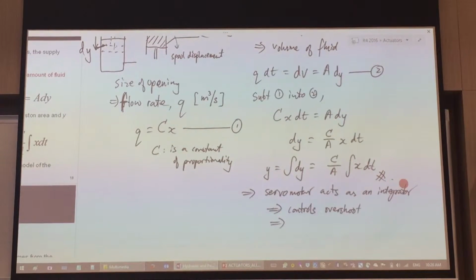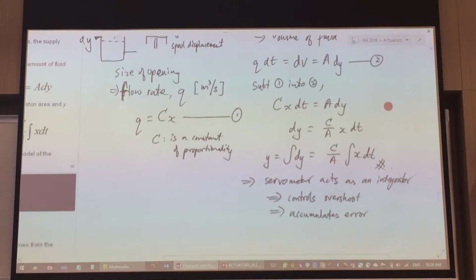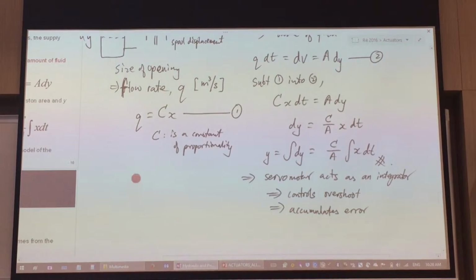For an integrator, the integrator actually will accumulate your error. That's the pure integrator. So, in short, your amount of x, which is your spool displacement, is controlled by your servo motor.